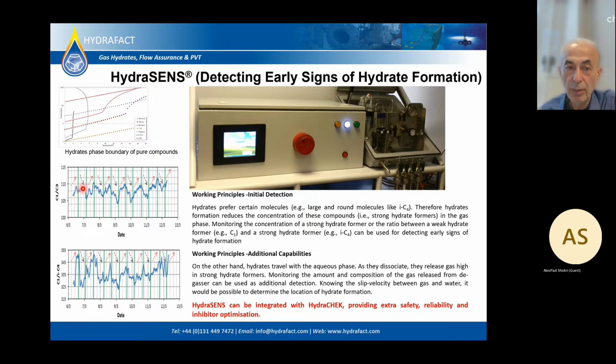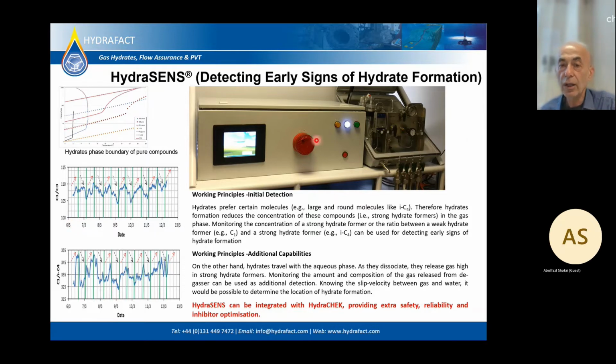Day, temperature increases, hydrate melts. They were injecting anti-agglomerant, so therefore we were able to see that. And we noticed that during the year, only 10 days the temperature was low enough to form hydrate. So in effect, they needed anti-agglomerant for only 10 days.